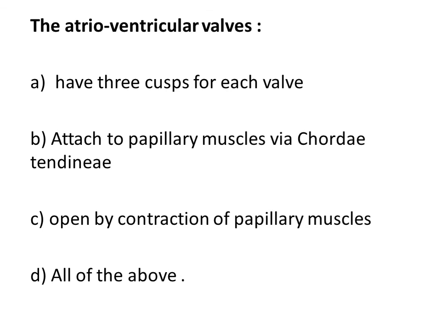B, attached to papillary muscle via chordae tendineae. The cusps of atrioventricular valves are attached to the papillary muscle via chordae tendineae. This is right. C, open by contraction of papillary muscles. Wrong, because the papillary muscle prevents the AV valve from reversing back into the atria. So the right answer will be B.